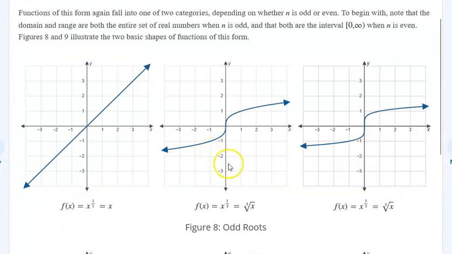And I should stress these are odd roots. When your index number is odd, they're extending on both sides.